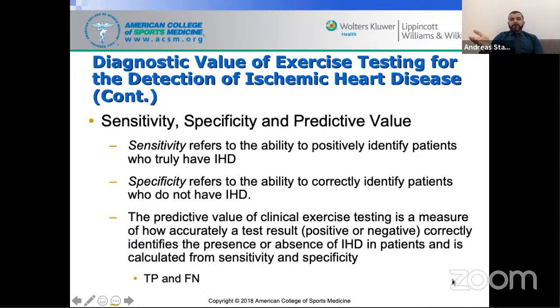So we need to know how many of those who test positive are truly positive and how many of those who test negative are truly negative. Some tests are great with sensitivity, but they're really poor with specificity, or the other way around. We need tests that really identify patients who are truly positive and patients who are truly negative. I hope that makes sense.